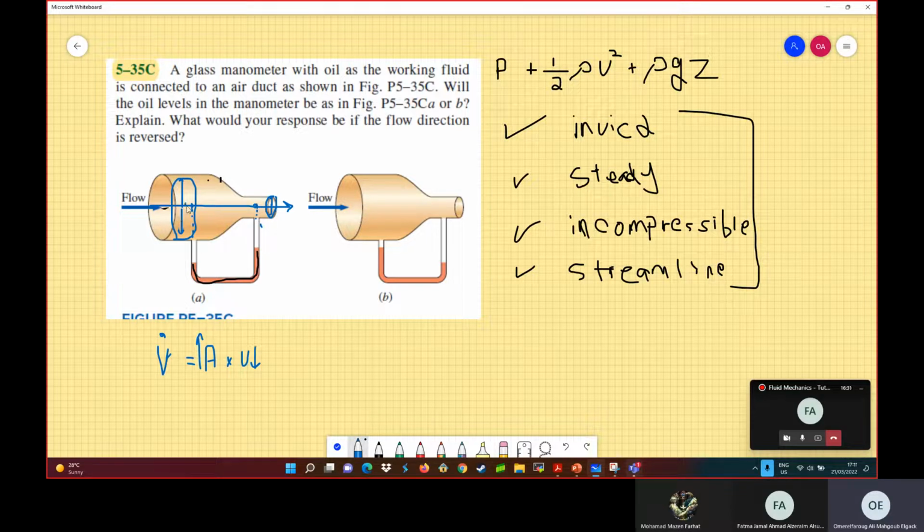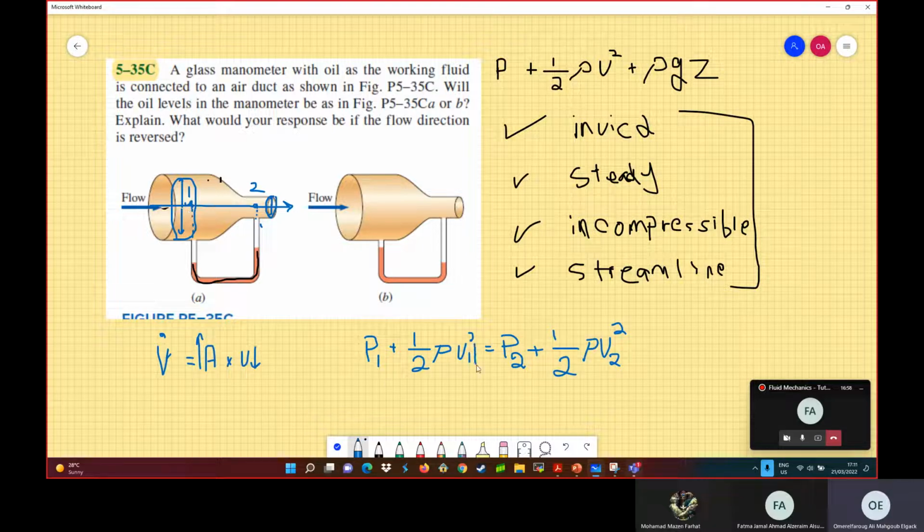If I apply Bernoulli equation between this point and this point, I have P1 plus half rho V1 squared, assume this is point 1 and this is point 2, is equal to P2 plus half rho V2 squared. So we said that the velocity at point 1 is lower because the area is higher.